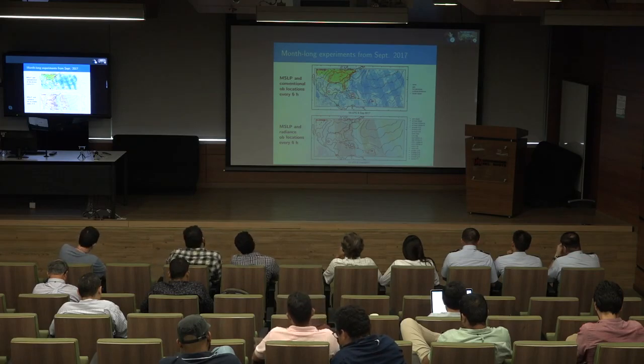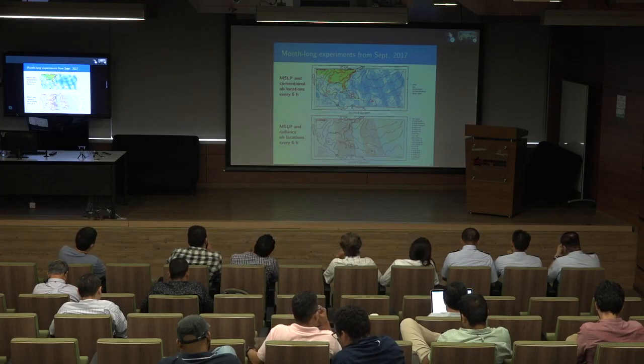And at the bottom here, I'm showing all of the locations of radiance observations that are collected over this domain and assimilated into the model. And all these different colors indicate different types of satellite platforms at different times.